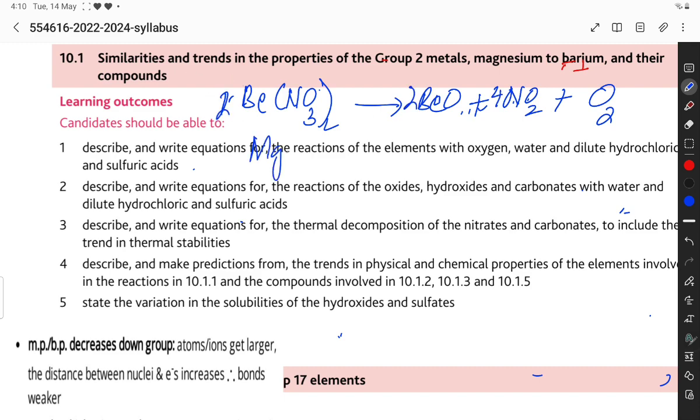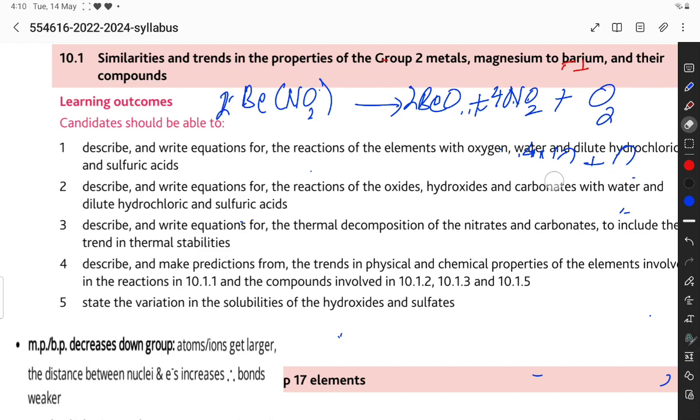Similarly, magnesium nitrate decomposes like this: magnesium oxide plus brown nitrogen dioxide and oxygen gas. So these are the reactions of nitrates.